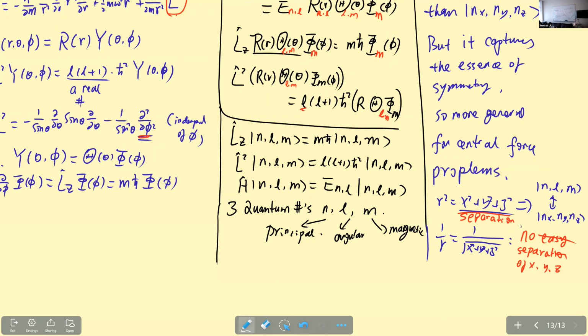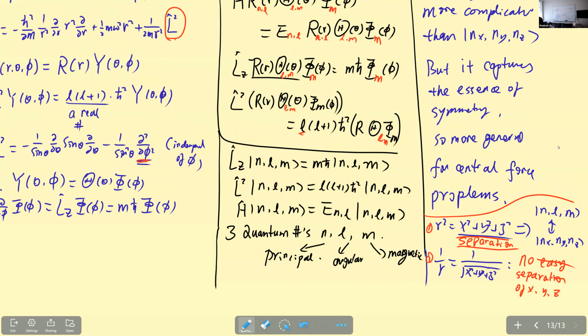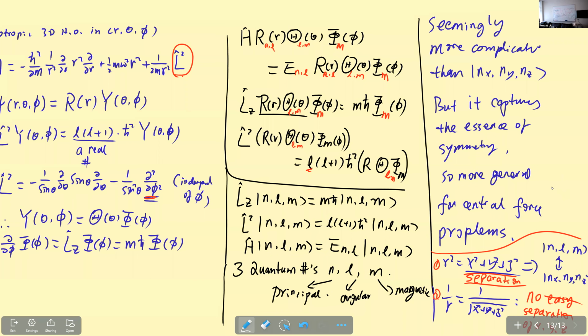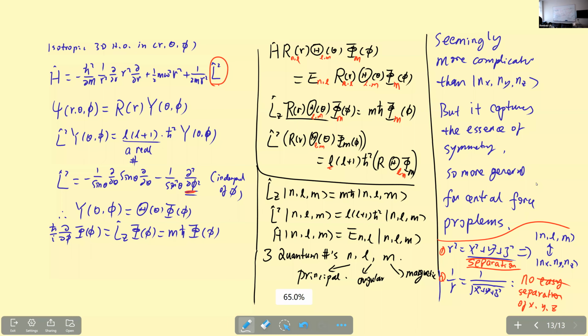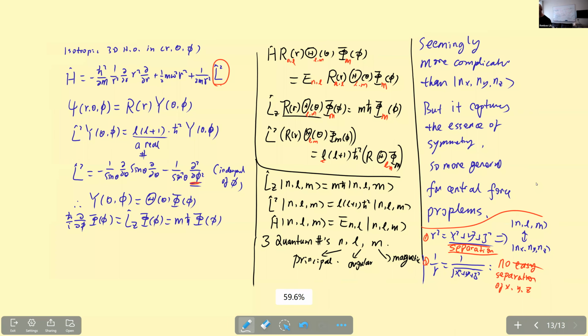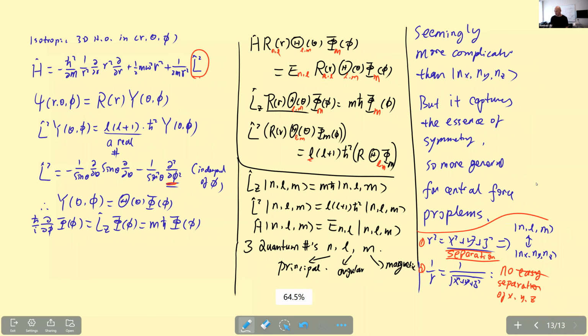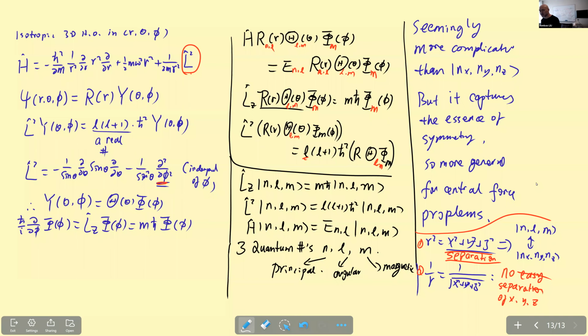So for the more general central force problem, you would like to use spherical coordinates, which is more complicated, but more beautiful and captures the essential features of this symmetrical problem. We're going to have more to say about this symmetry and about the solution of central force problems.